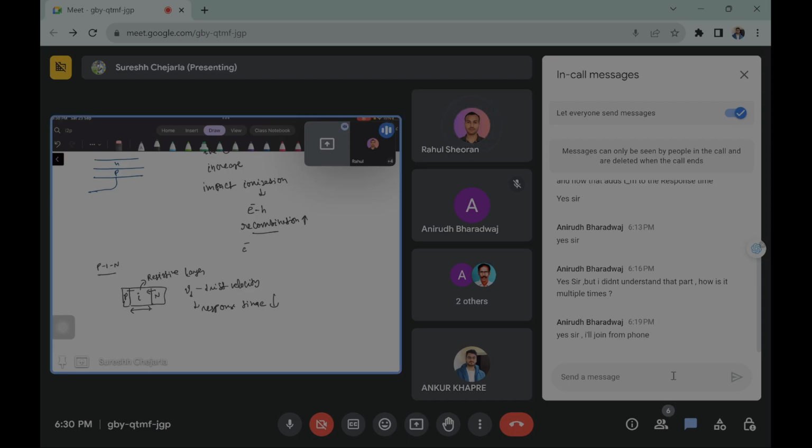Okay. What you understand is that response time is how fast the device will respond to the incident photons, right? Yes, sir. But what the professor was saying, you are thinking the response time decreases, this is actually a drawback.